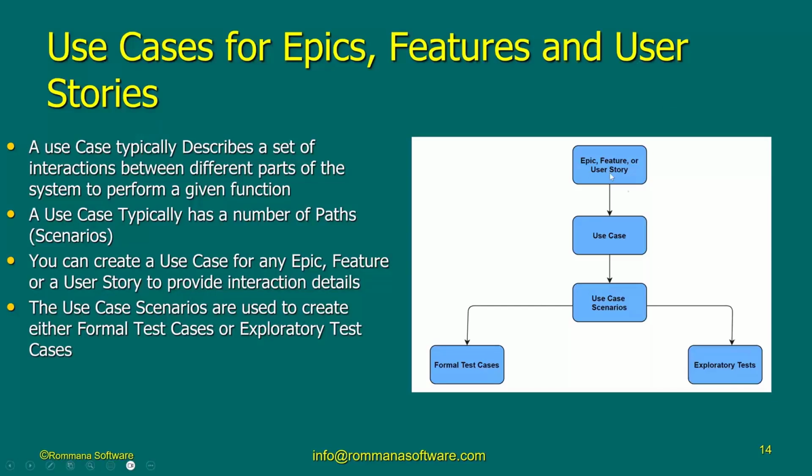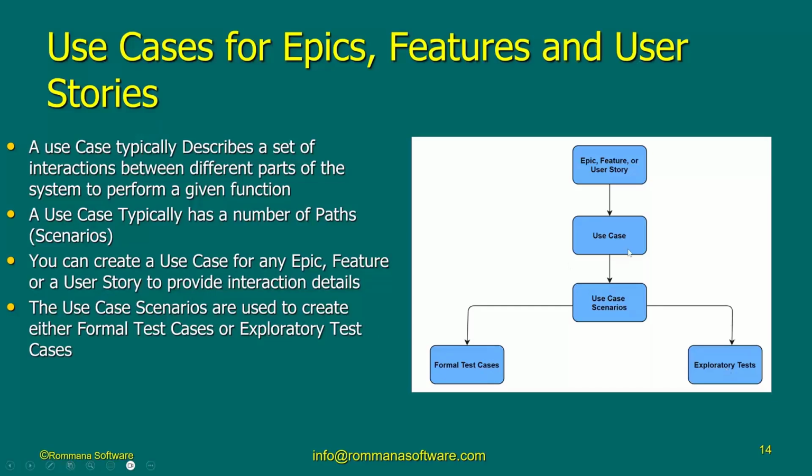An epic or a feature or a user story that has been brought from ADO into Rommana ALM, you can go ahead and create a use case for that. And then the use case has built into it what's called use case scenarios, similar to the scenarios we just mentioned. And you can use case scenarios in the same way you can create formal test cases or exploratory test cases.